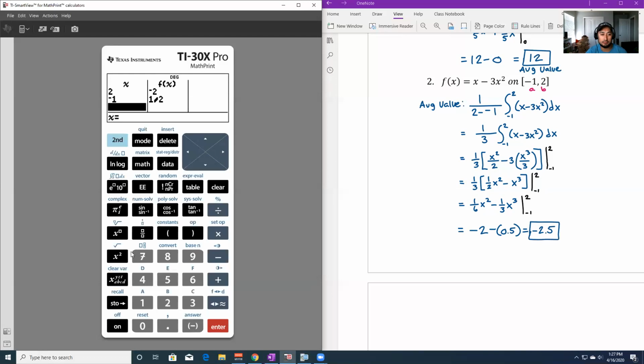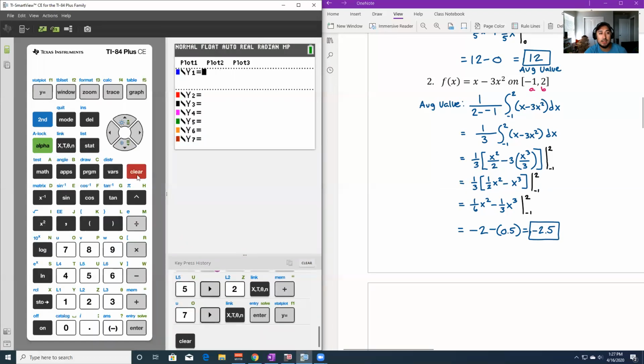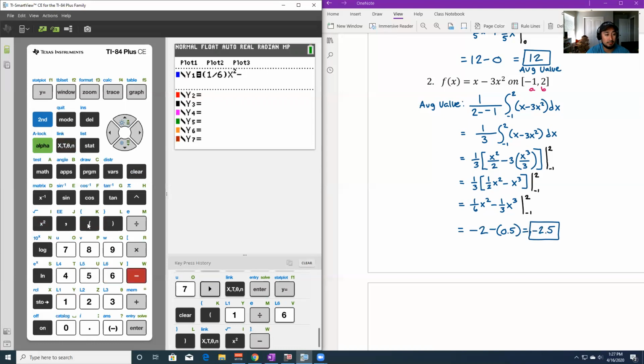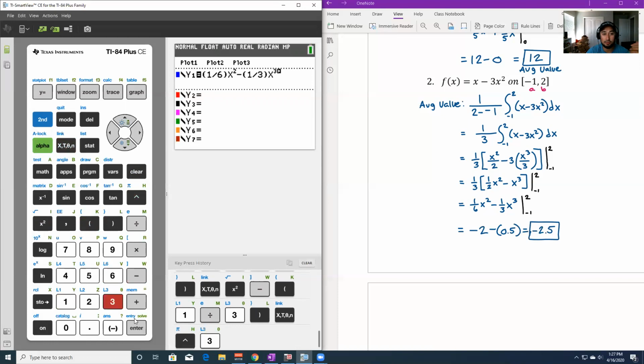Okay. So let me go to the graphing calculator and show it again. I'll go to y equals. Let's say you don't have the fraction button at all. Then here's what you'll type in. Parentheses, 1 divide 6, close parentheses, x squared, minus parentheses, 1 divide 3, x cubed.